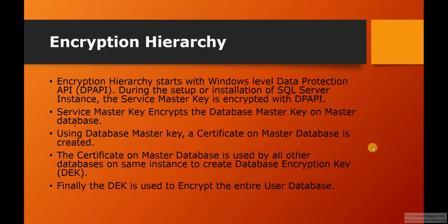These service master keys are the root of all encryption. So when you create the database master key on the master database, it uses the service master key for the encryption.